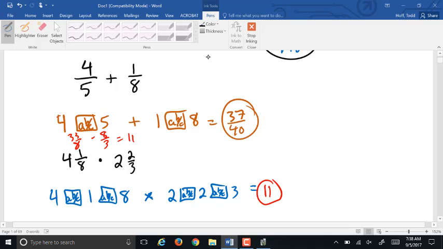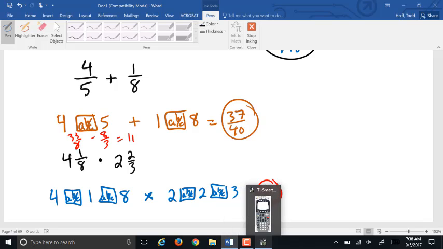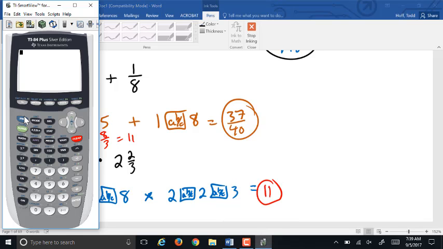Is that a TI-84? Yeah. The TI-84 does not have a built-in fraction function. This is actually a TI-84 right here.